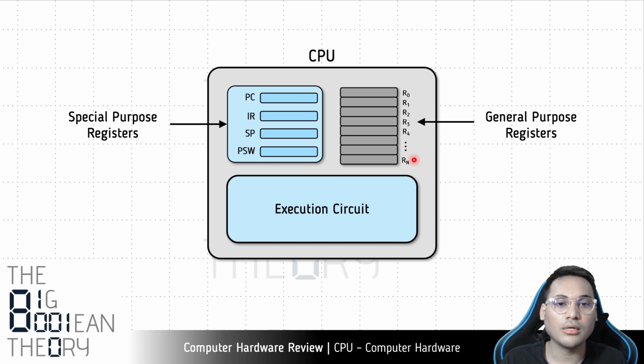Maybe it will combine the operands to produce a new result. If a new result has been produced, that result will also be stored in the general purpose registers. You can think of this as a scratch memory, where the CPU stores the operands and the results when the execution of the instructions is going on.